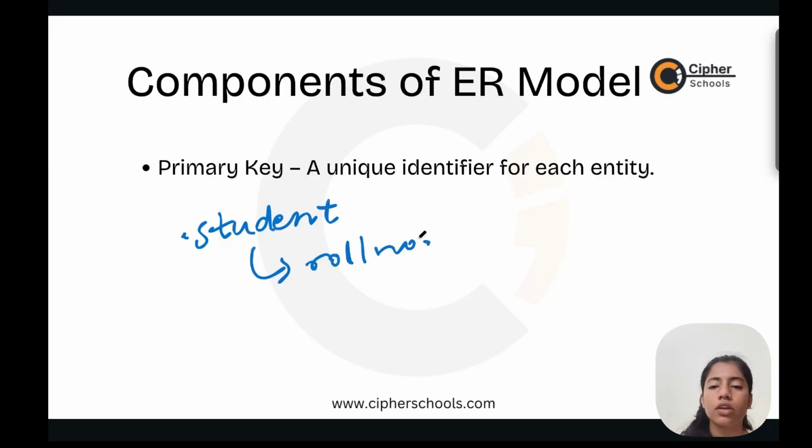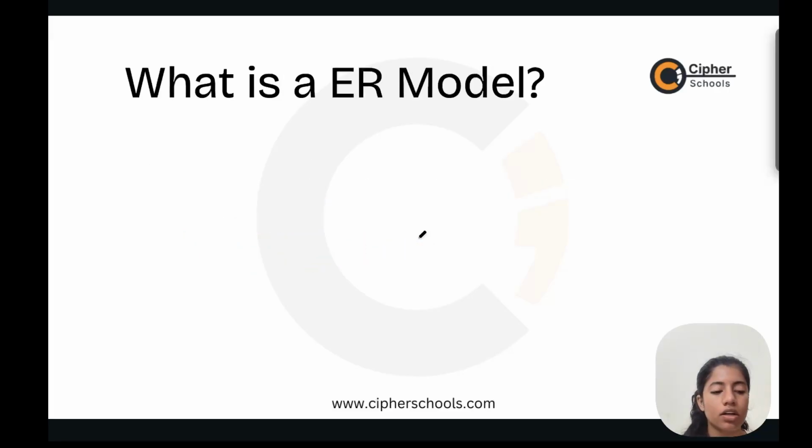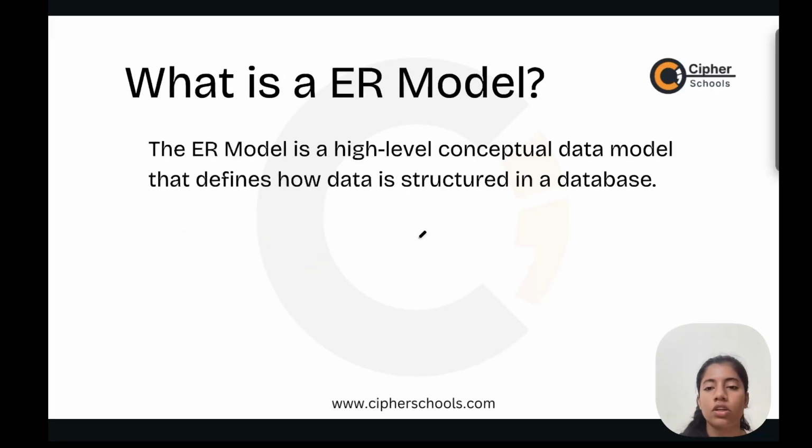Now that we're clear with the components of the ER model, let us understand what an ER model is. The ER model is a high level conceptual data model that defines how data is structured in a database. If you go and deliver your idea to a client, the client may not be from an IT background, right?